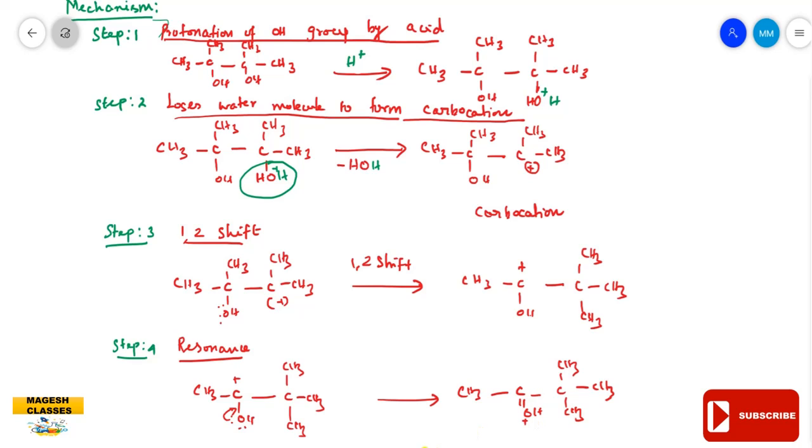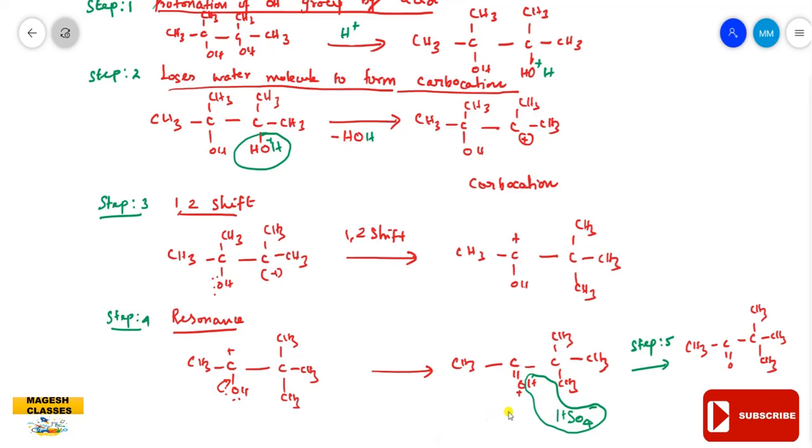In step 5, the protonated ketone is deprotonated to give the pinacolone. So this is pinacolone and this is the catalyst. In this way, the pinacol is converted into pinacolone by intramolecular rearrangement. Here the 1,2 shift, carbocation formation, protonation and deprotonation take place.